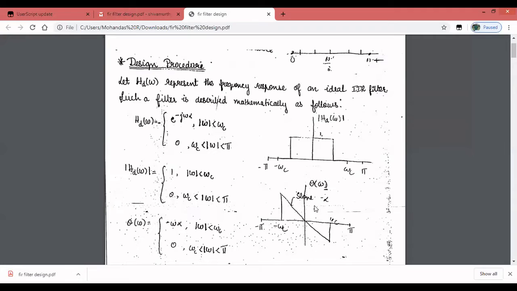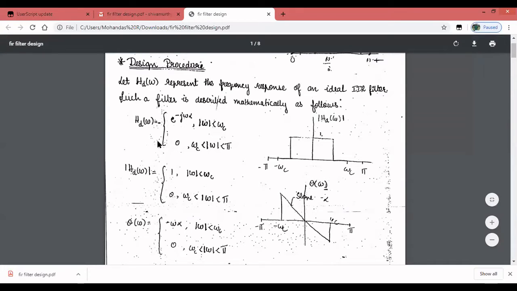For the remaining values, that is, omega varying between omega c and pi, theta of omega is equal to 0. So the very first thing to remember is Hd of omega, that is e to the power minus j omega alpha, for omega less than omega c.